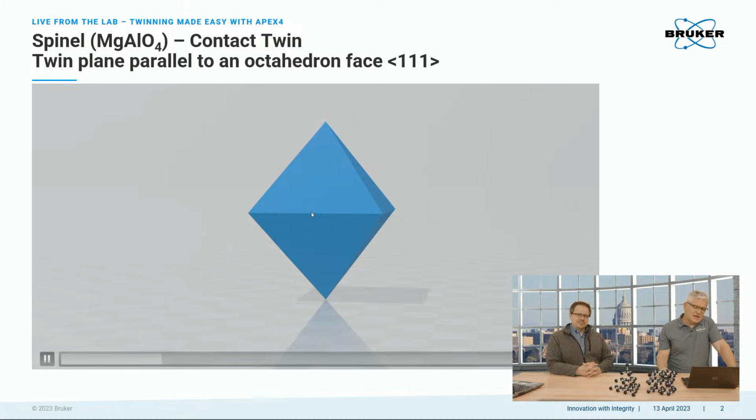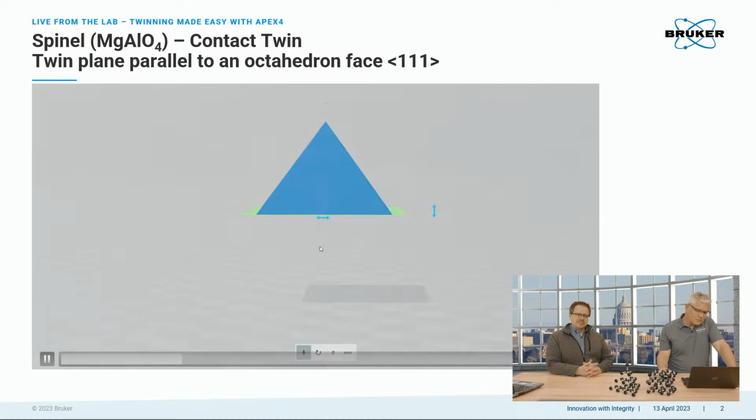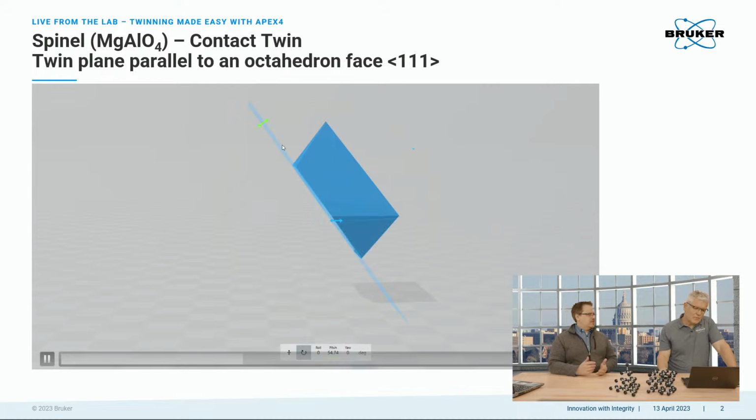And this actually starts out from an octahedron, and the twinning occurs on a composition plane that's parallel to the faces of the octahedron. So when you say composition plane, what is a composition plane? That's the plane where the two parts touch.